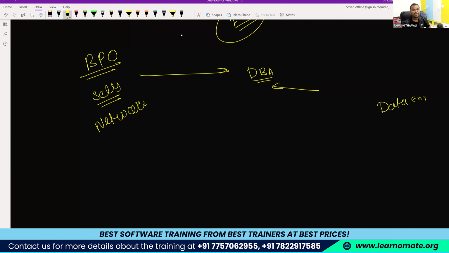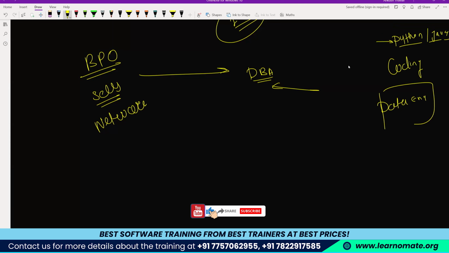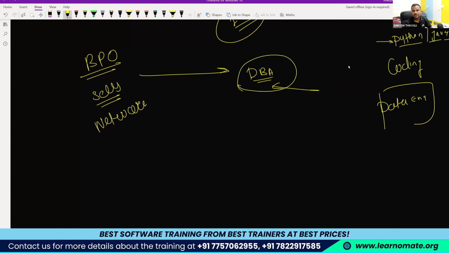But all of these require coding skills, which are very important. You should be strong in Python, Java or any other programming language. Python and Java are technologies you cannot master within 3 months, because your analytical skills need to be very strong. Even if you understand the syntax, those skills take time to develop. So what you can do is start learning about the DBA.